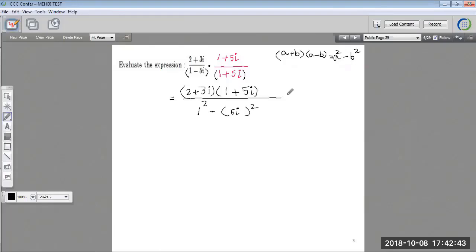So at the bottom of the fraction, I get 1 squared, which is 1, minus 25i squared. If you recall, i squared is equal to minus 1.